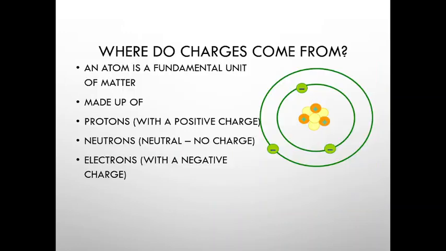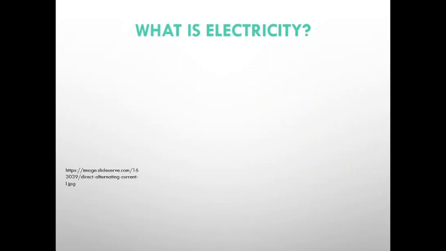Where does charge come from? Exactly, an atom is a fundamental unit of matter made up of protons with a positive charge, neutrons, neutral with no charge, and electrons with a negative charge.